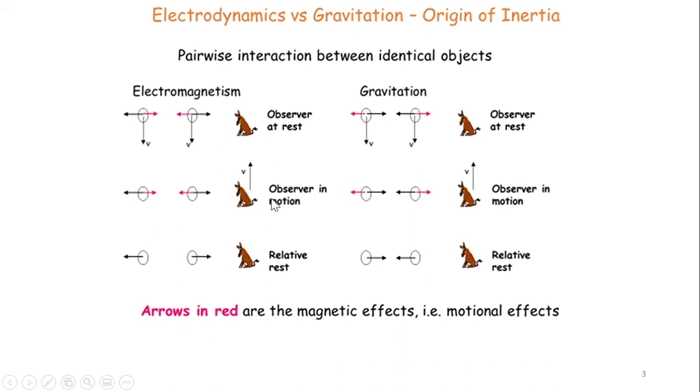In case of gravitation, we have an equivalent or analog dynamics. Magnetic effect appears, weakening the gravitational force. At relative rest, we have the usual Newton gravitational formula. In motion, general relativity shows that the force is decreased due to the magnetic effects.